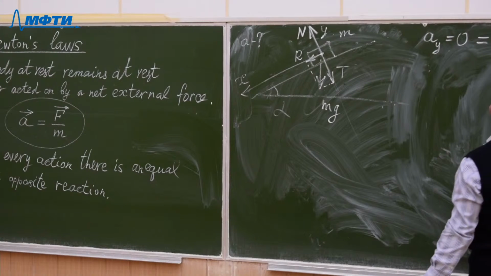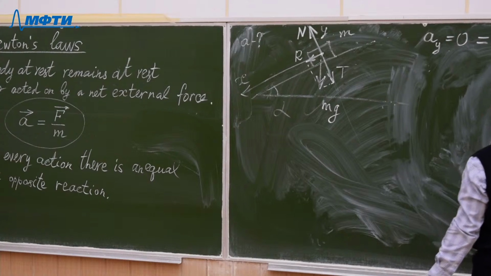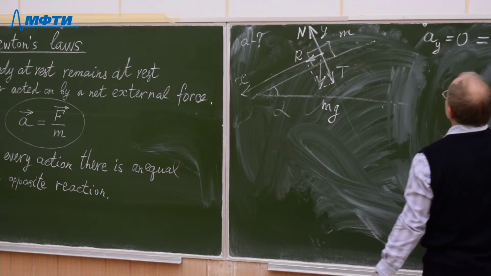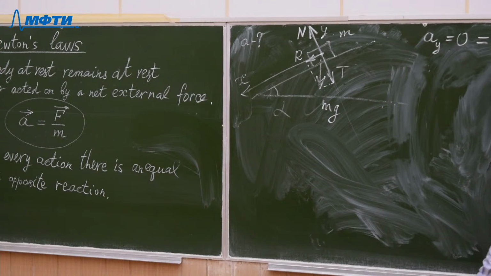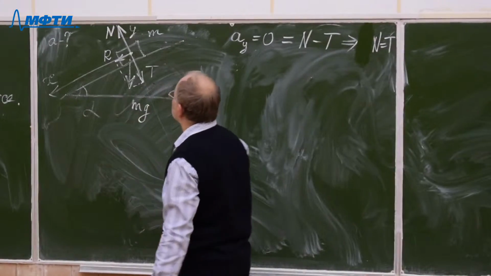From here, we immediately obtain, I will put an arrow, which means the consequence. What is the consequence? The consequence is that n equals t. The magnitude of vector n equals the magnitude of vector t.